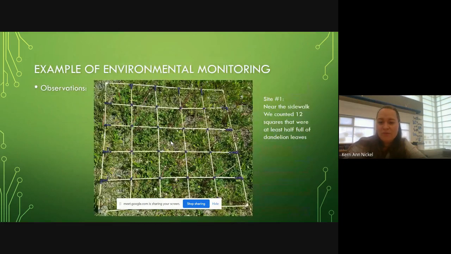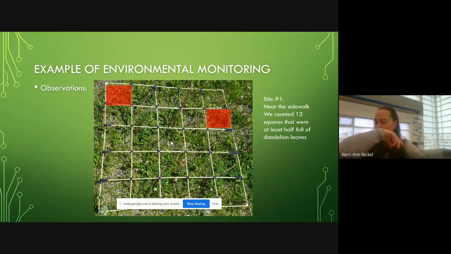So our first observation we took near the sidewalk. And here's how we counted our squares. So you just need to be very systematic with this. I usually start at the top corner, and we found that it was more than half full of dandelion leaves. And so we counted that square. Then we went across the top row, and there wasn't anything else.